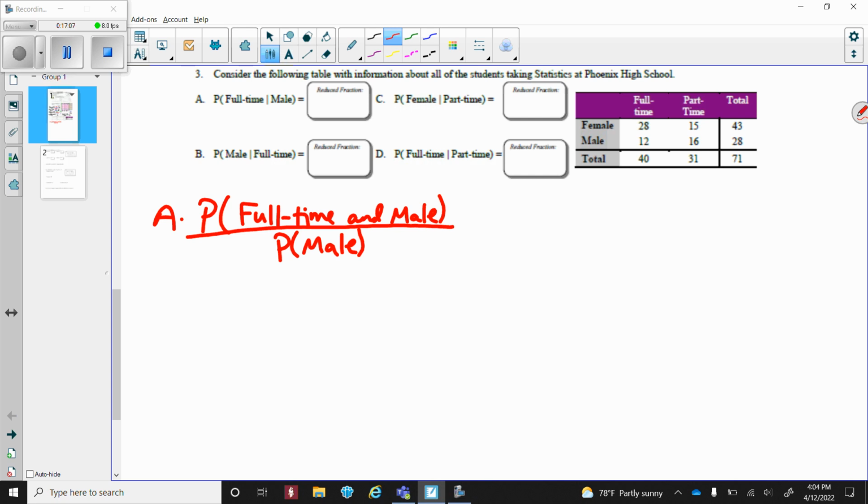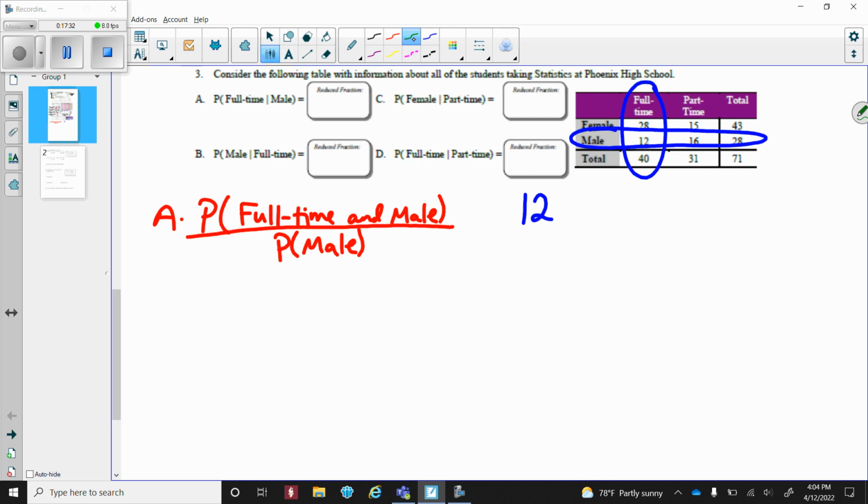So to do this, we have to look at our chart. The probability that someone is full-time and male, we have to look at where they intersect. So this is full-time. This is male. They intersect at 12. So the probability that someone is full-time and male is 12.